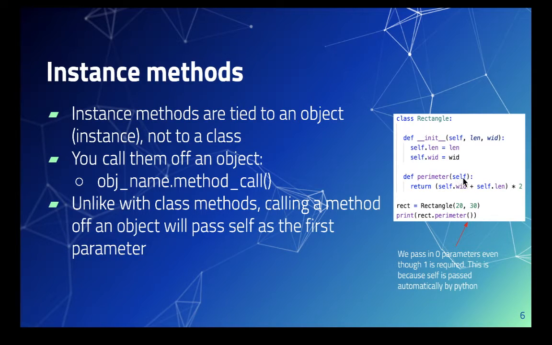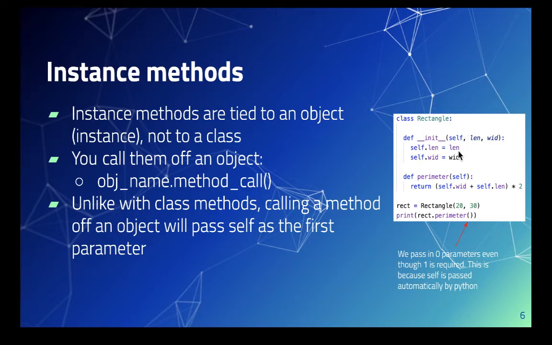Even if self doesn't match, let's say we called this the word something. If we called something.width and something.length, as long as both of them end up pointing to the same thing, they will work as expected.